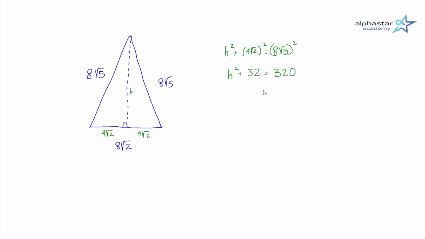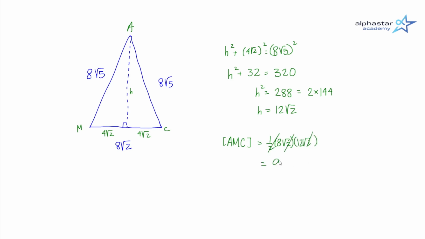So we eventually get that h squared is equal to 288, and notice that that's 2 times 144, so h is equal to 12 times √2. And then the area of AMC must equal half times the base, 8√2, times 12√2. See that the half cancels with the √2's, and we get a total answer of 96.